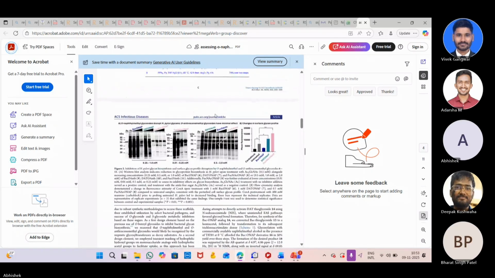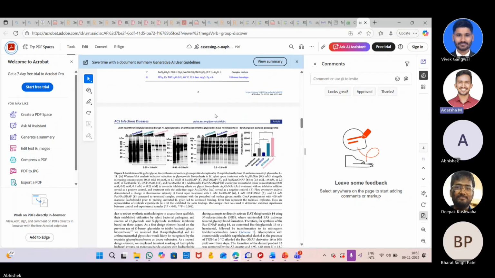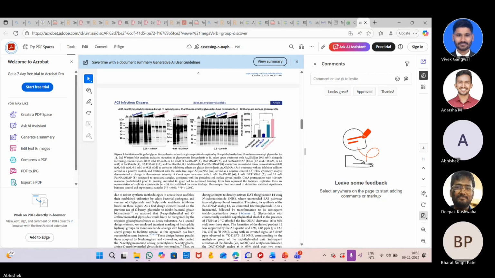So, primary growth. Okay. Like we do MTT and all. Somehow, how? This is the Western blot.